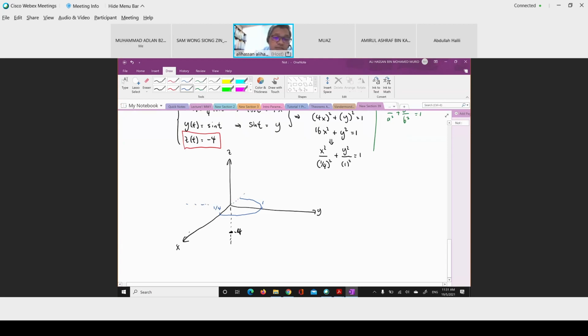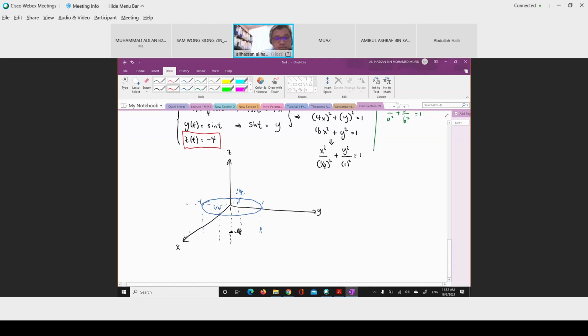Okay. So this is -1/4. This is -1. But the blue ellipse is on the xy plane, so we need to bring it downward 4 units. You need to sketch this ellipse on the plane z equal to -4.